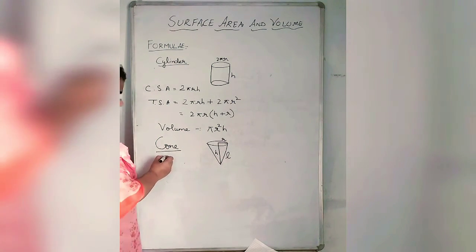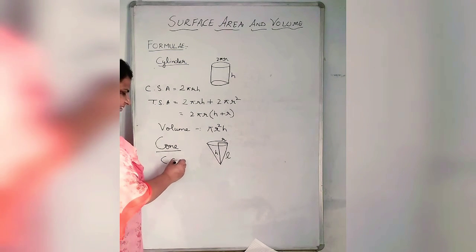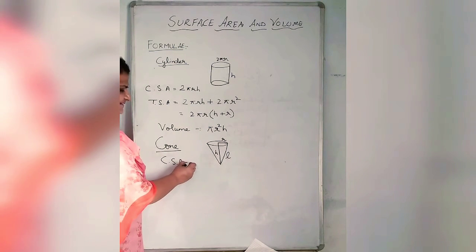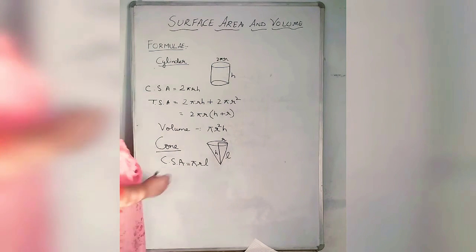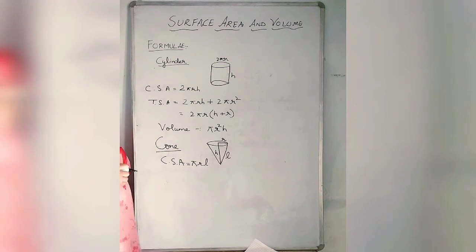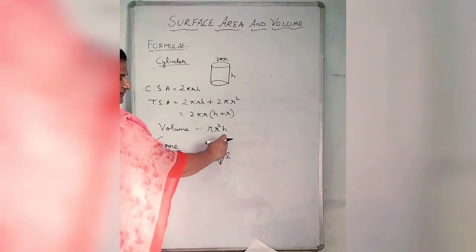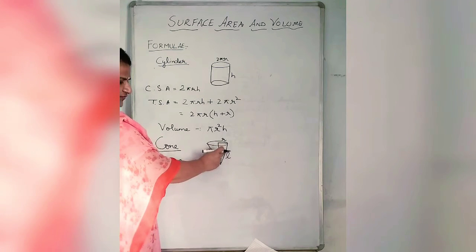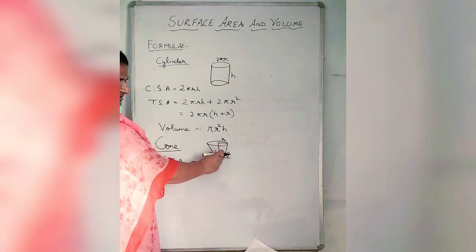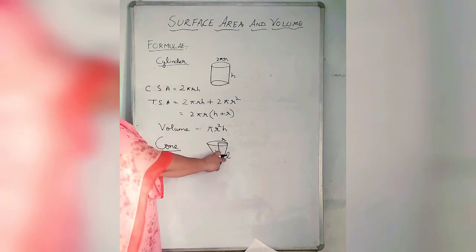Firstly, when I talk of its curved surface area, it is equal to pi r L. How we obtain this pi r L? See, we have one circle, but when I move towards the bottom, the radius is being converted into the slant height.